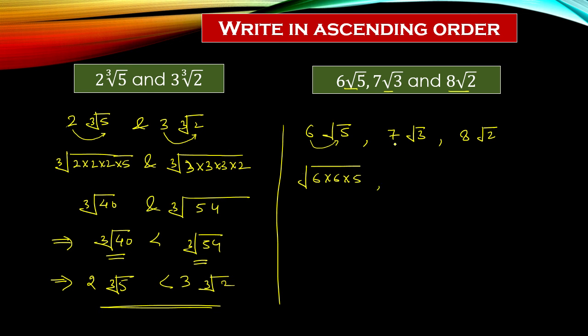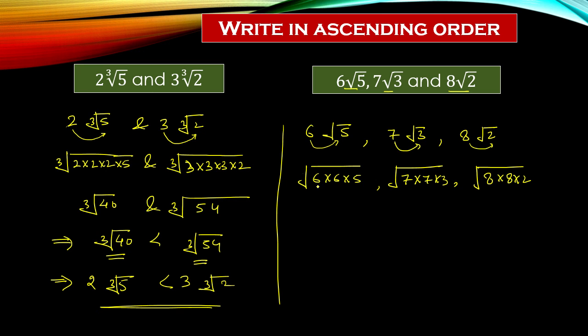Same here, if we bring 7 inside the root, it should be repeated twice, so 7 into 7 into 3. And here we have 8, which we put inside the square root, so it should be 8 into 8 into 2.